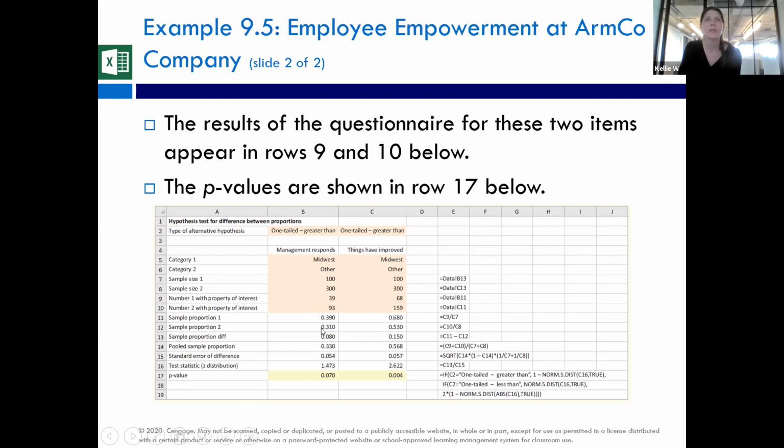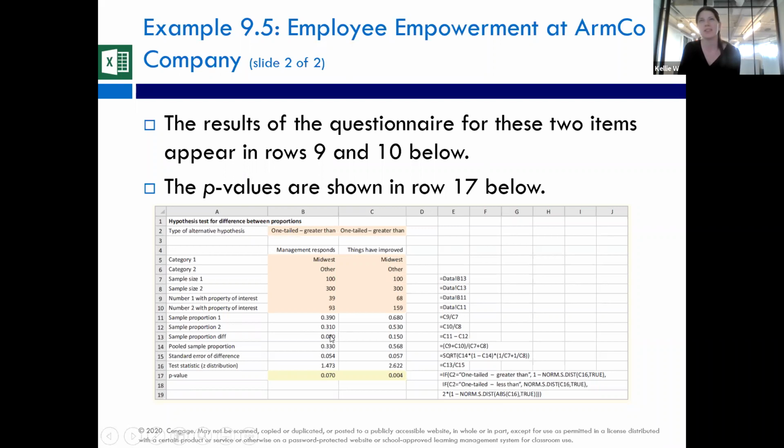Oh yeah, okay, so sorry. So the proportion at the Midwest plant is 39% said yes, management responds. The ratio of people who felt that management was responsive at the other plants was 31%.